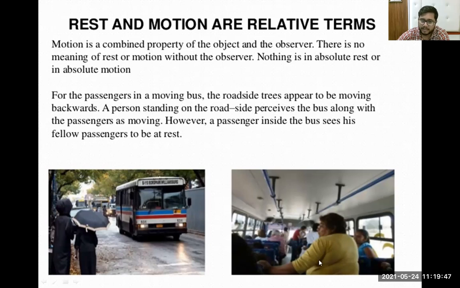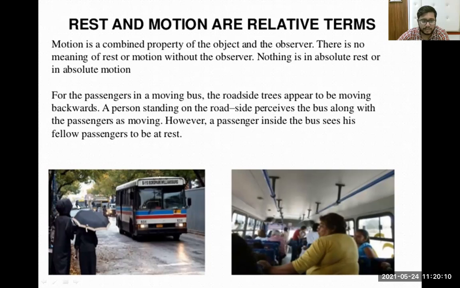For them both are at rest. But if a person outside is observing a person inside the bus, he will say that the body is in motion. Actually the body is at rest, he is not moving, the bus is moving. Relative to the bus, this fat man is at rest.